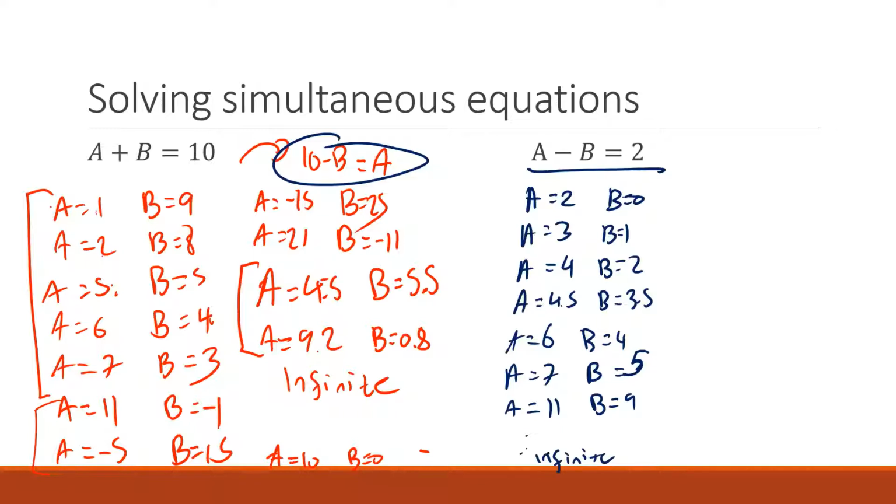But why these are called simultaneous equations is if these two equations occur together, and let's just say these both describe something in the world. Maybe they both describe the amount of people that can attend a meeting.